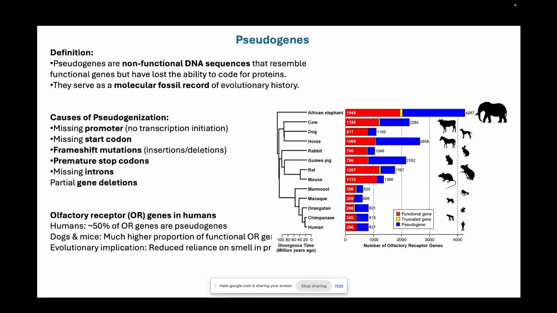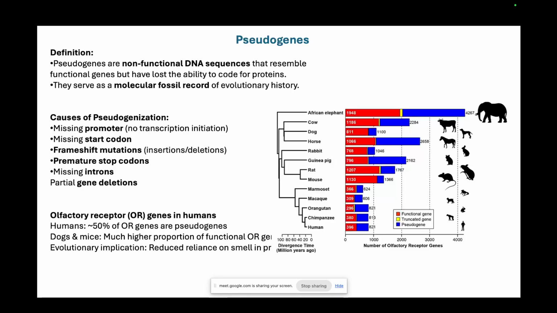Then again, frameshift mutations. These are different types of mutations that can happen in different portions of the gene, that can be affected, right? Premature stop codons, which we call stop gain mutations. So changing of a DNA base pair, which actually codes for a termination, right? Then you have missing introns or partial gene deletions as well.